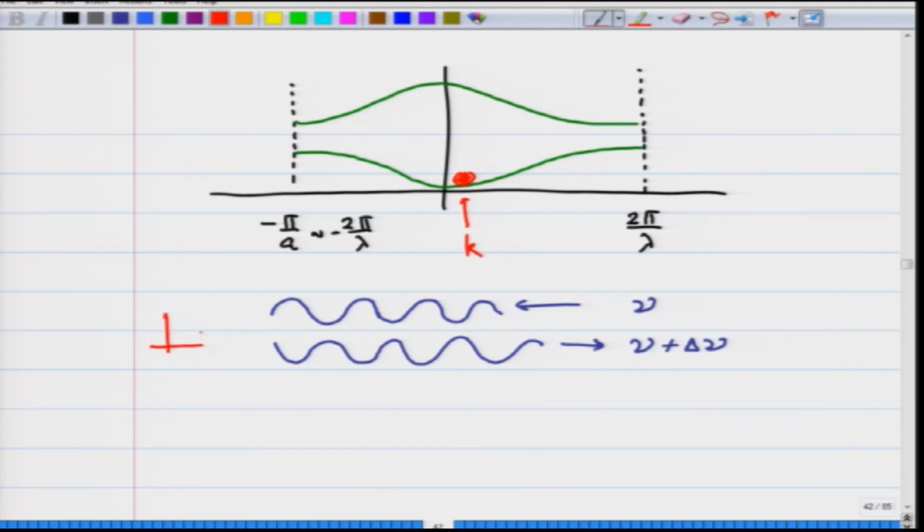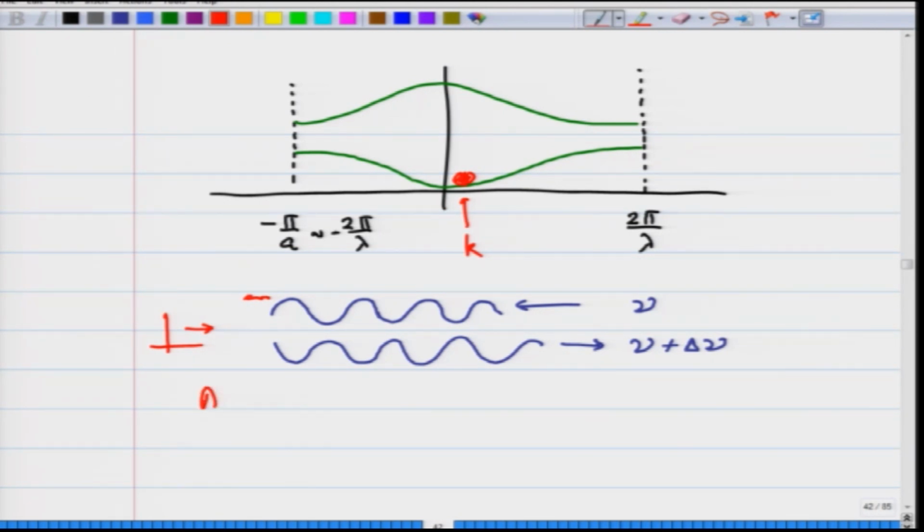But if I sit in a frame that is moving to the right, the frequency of the upper wave will look larger to it due to Doppler shift, and frequency of the lower wave will look smaller to it due to Doppler shift. At a particular velocity, two frequencies will be the same.